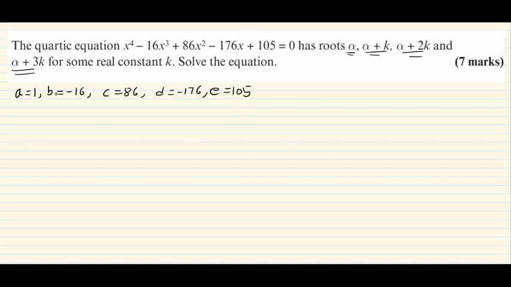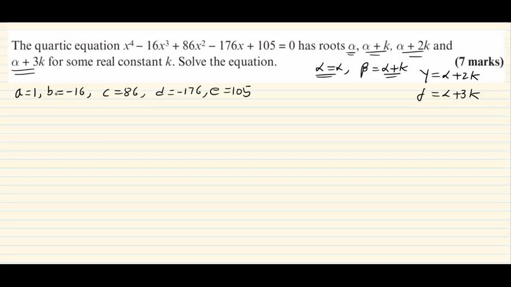And we'll suppose alpha is alpha, beta is alpha plus k, gamma is alpha plus 2k, and delta is alpha plus 3k. This is what they have given, right?